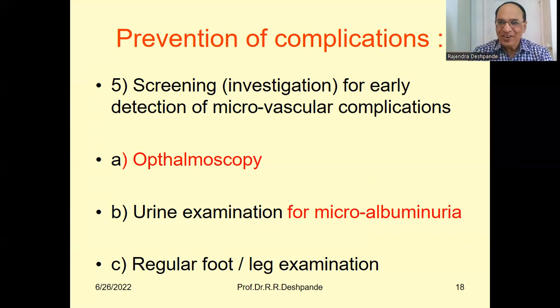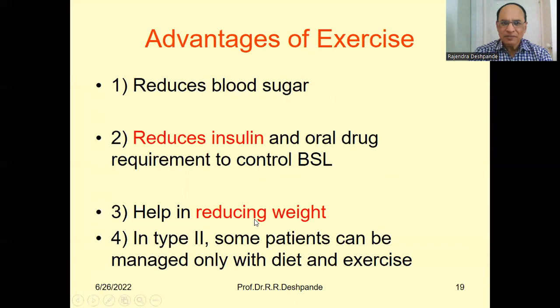Your blood sugar is under control. Urine examination every 3 months. Microalbuminuria, you must check this. This indicates that albumin is coming in the urine, so your kidney is being damaged. Regular foot and leg examination to avoid numbness, tingling, non-healing wounds, fungal infections. You can avoid them with regular foot and leg examination.